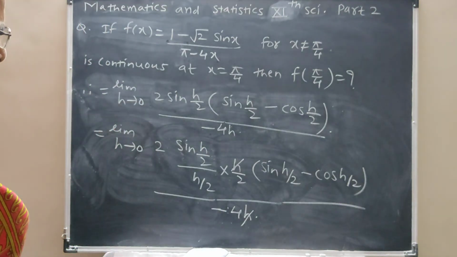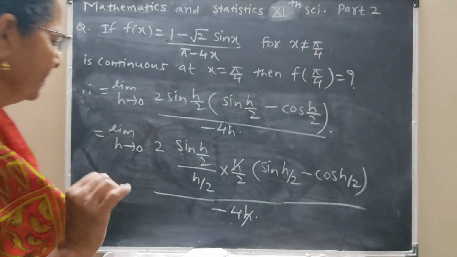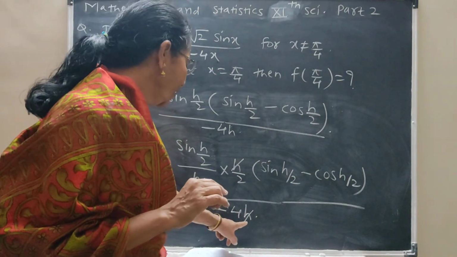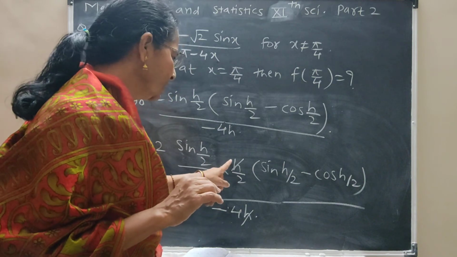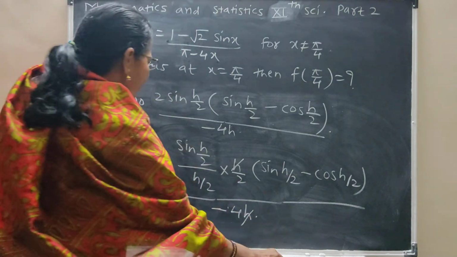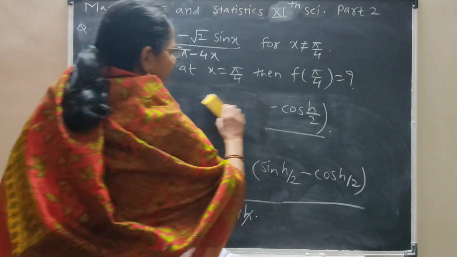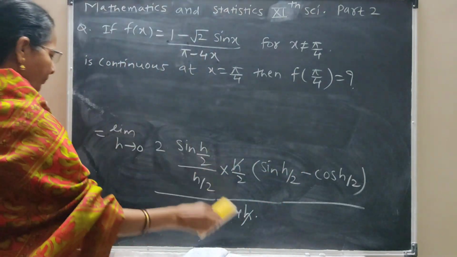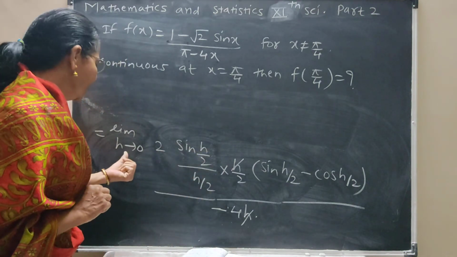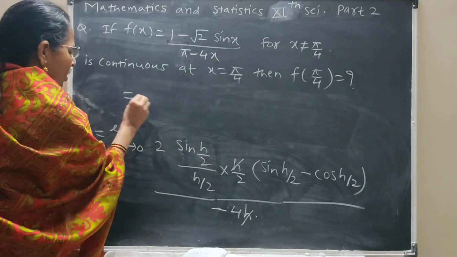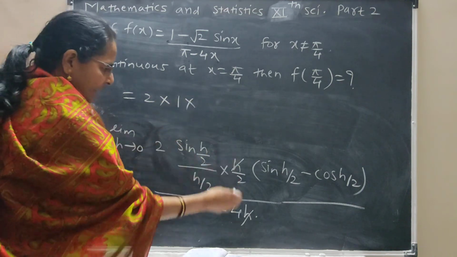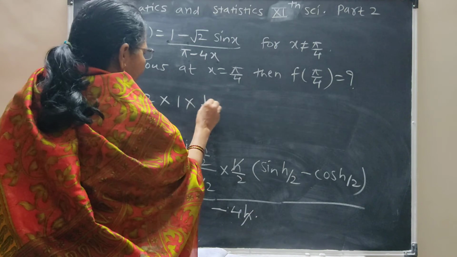Then the next step is sin h by 2 upon h by 2, and this limit value is 1. Therefore 2 times this value 1, h gets cancelled, this value is half.